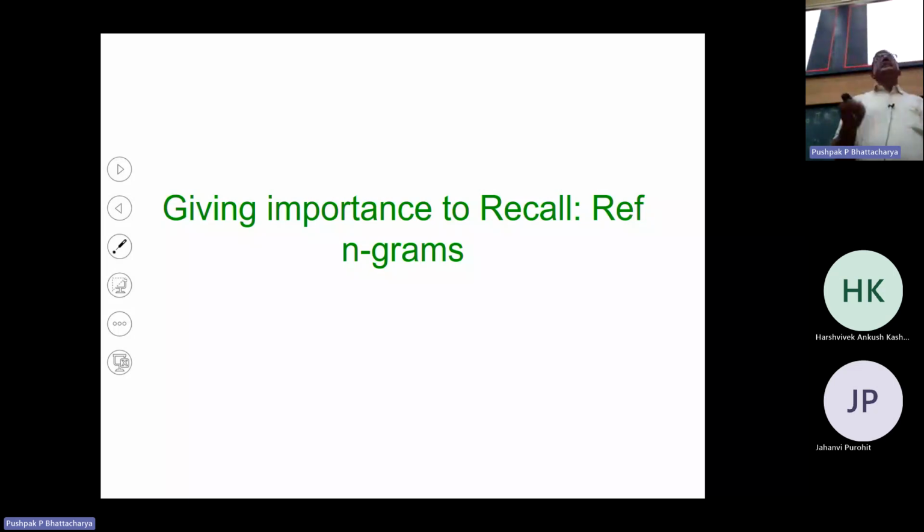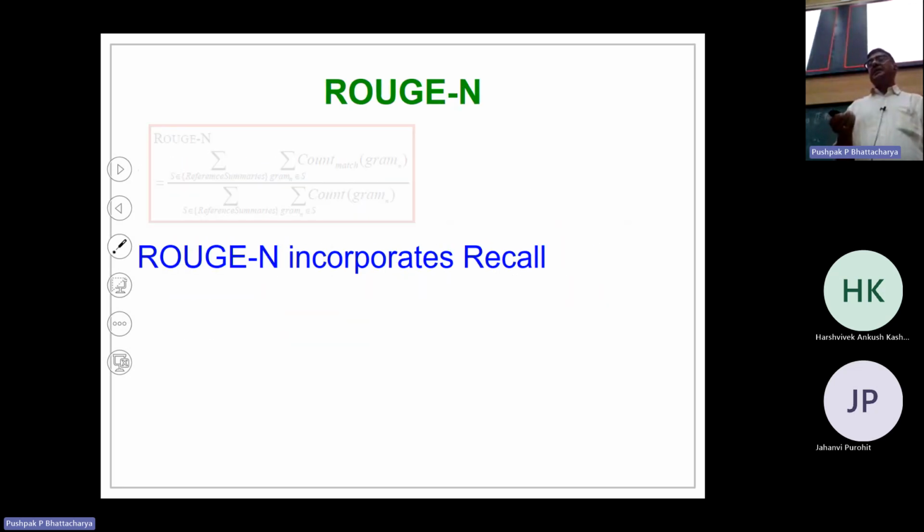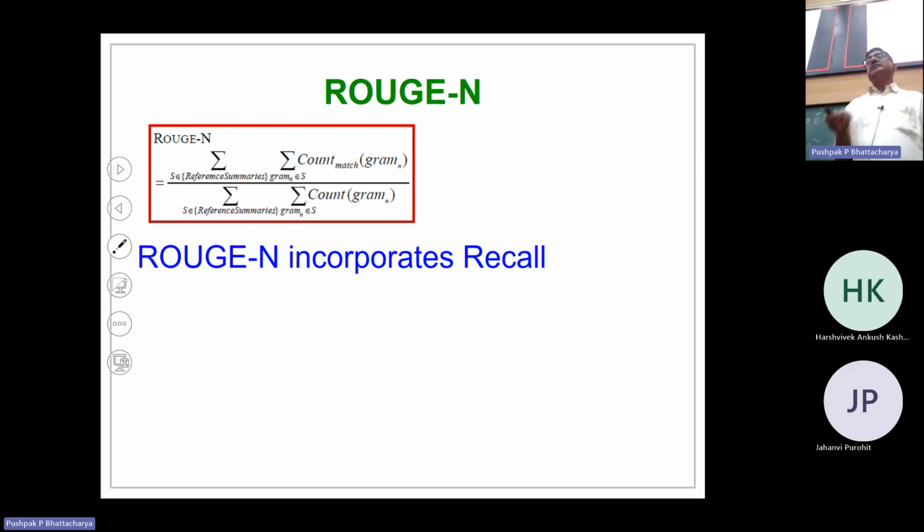I'll not spend time on this, but the ROUGE score is very much like the BLEU score, except that the denominator is the number of n-grams in the reference translation, not in the candidate translation. So BLEU is called a precision-oriented metric, whereas ROUGE is called a recall-oriented metric. How many correct n-grams from the reference translation have you been able to retrieve?